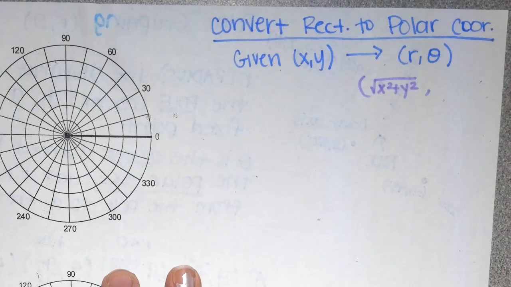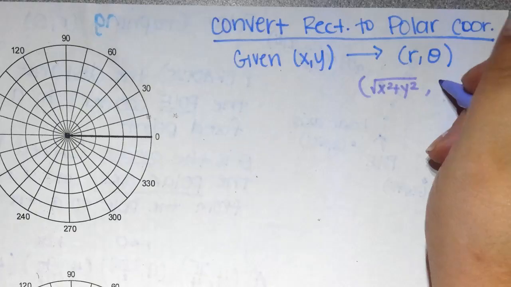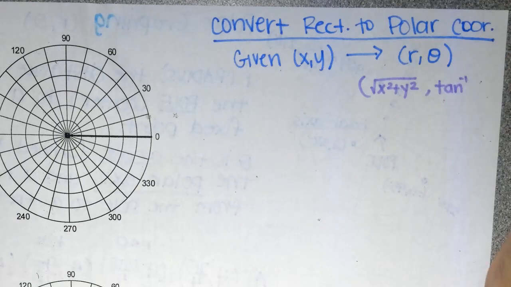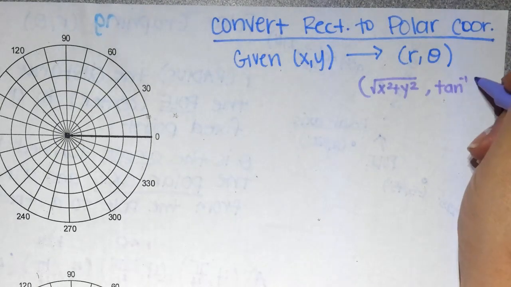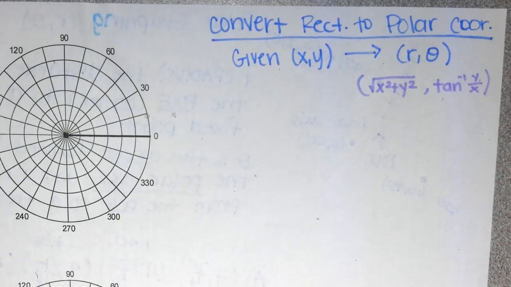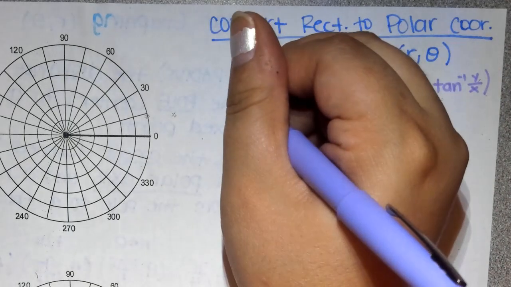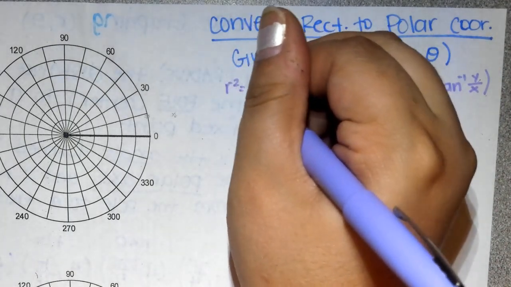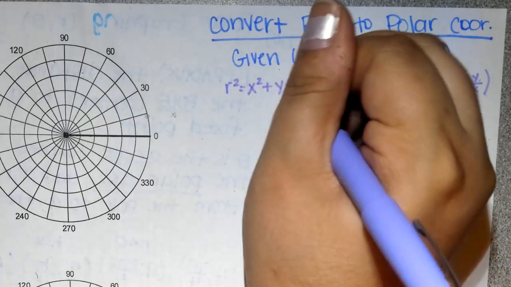And how do we find theta? Inverse tangent of y over x. As a reminder, r squared is x squared plus y squared.